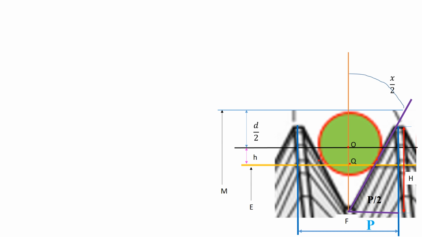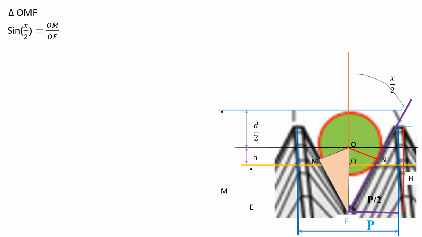For this, draw a line perpendicular to the flank face connecting the center of the wire, that is the line OM. Similarly, draw the line ON, perpendicular to the flank face, connecting the center of the wire. Here we observe that the triangle OMF is a right angle triangle with an angle of x by 2.